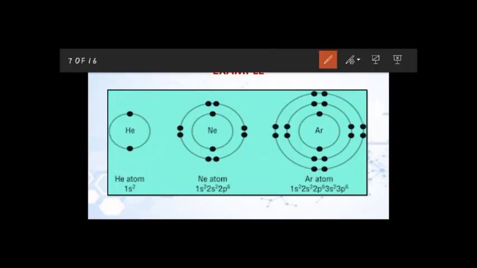As you can see in this example, we have 3 different noble gases. First is helium. It has 2 electrons in its outermost shell, so its duplet is completed. Then there is neon. Neon has, you can count, 1, 2, 3, 4, 5, 6, 7, 8. That means its octet has been completed, it's also stable, and so is argon. If we count its outermost electrons, that is 1, 2, 3, 4, 5, 6, 7, 8.